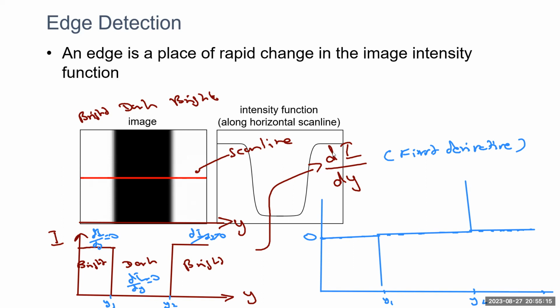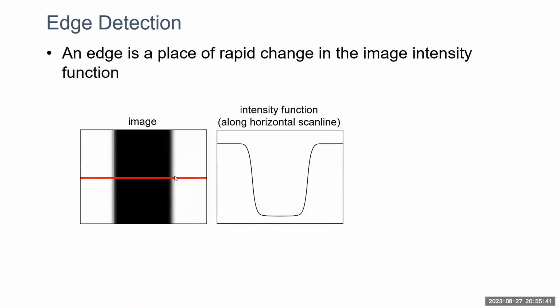So realistically, there's some non-ideal gray level transition. If you draw the plot here, it'll look somewhat like this.